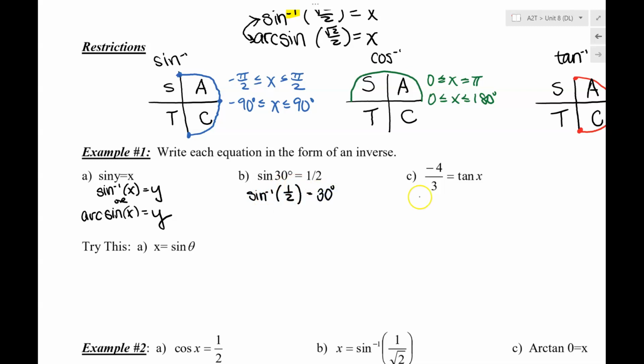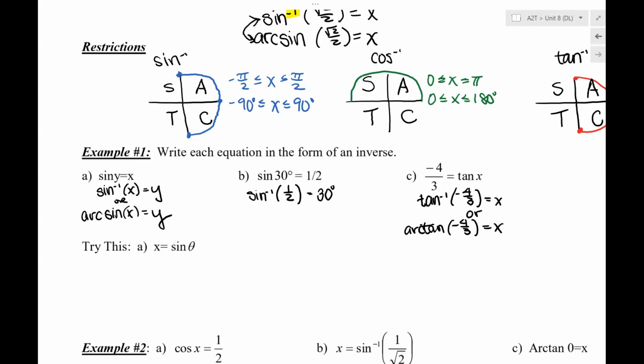And then for c, same thing. So the inverse tangent of -4/3 is equal to x, or you can say the arctan of -4/3 is equal to x. And that's really, really ugly. So let me fix that. There we go. A little bit better.